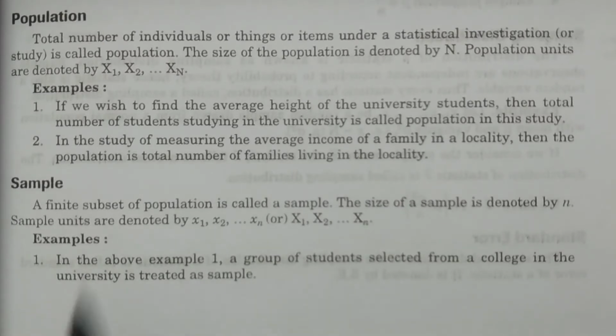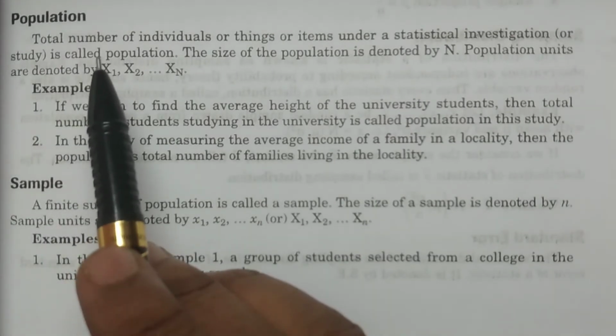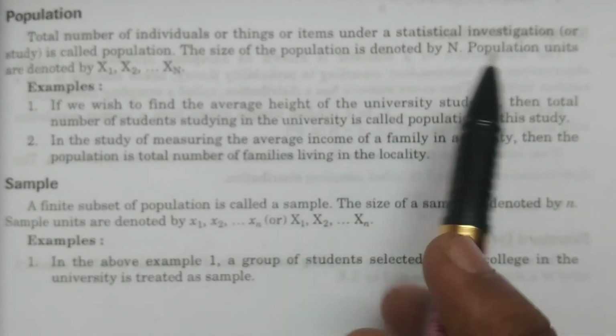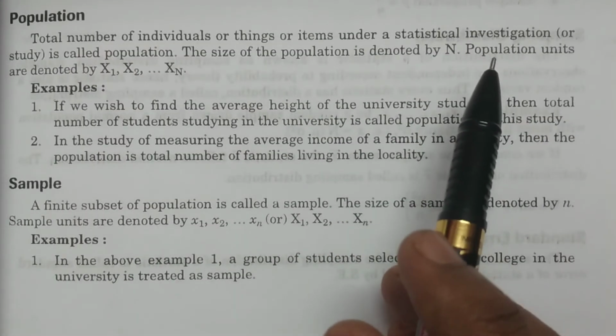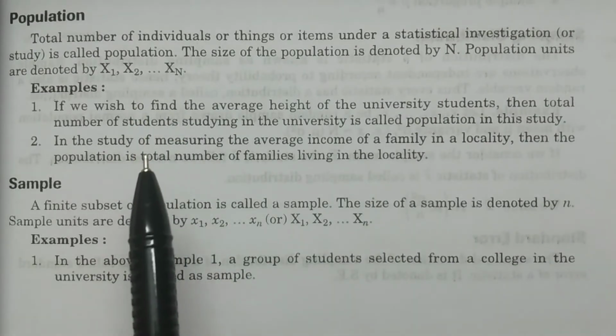Now you see, what's the definition of population? The total number of individuals or things or items under a statistical investigation is called population.